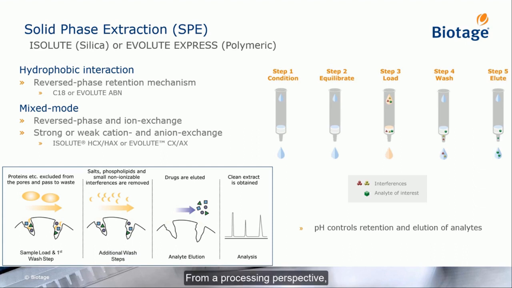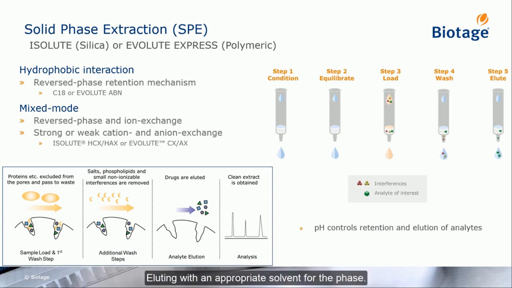From a processing perspective, a little bit more involved than supported liquid extraction. You condition your phase, you equilibrate them with a pH associated with your matrix, or your pH pre-treatment for your matrix. Load your sample, and then various wash steps prior to drying, and then eluting from the phase with an appropriate solvent.